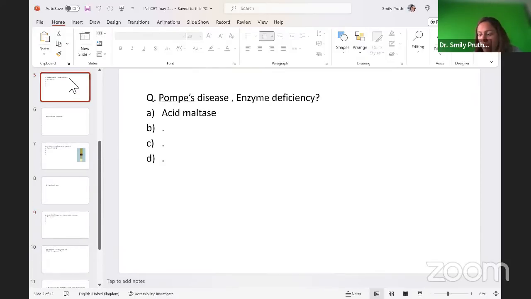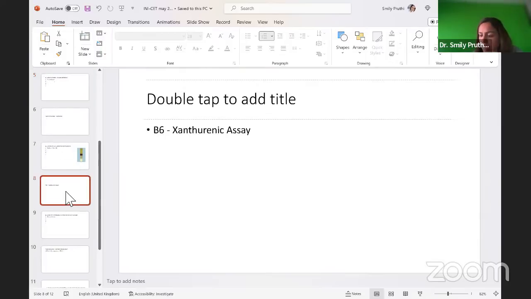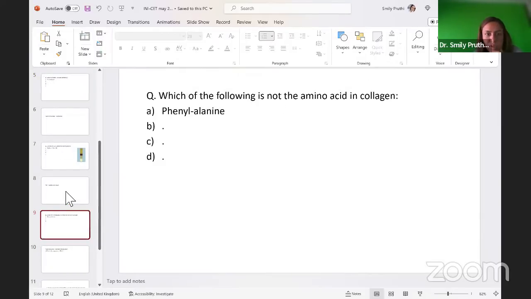Then what was the question? Collagen question was, okay, what was the collagen question? Which of the following is not the amino acid in collagen?